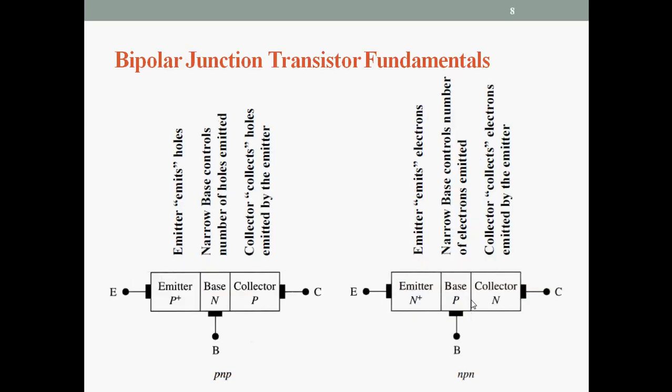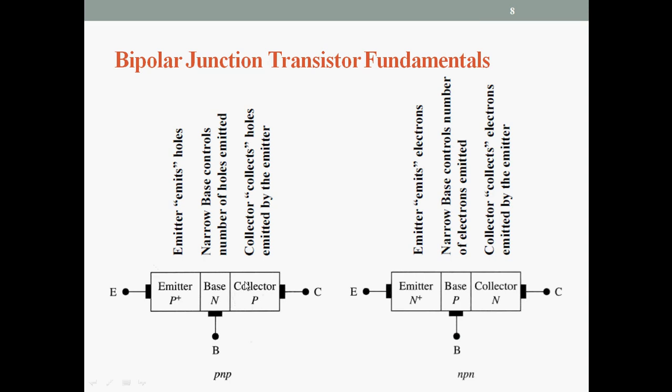Bipolar junction transistor fundamentals. We can see here emitter P plus, base N and collector P, with a metallic contact to the base N. For the emitter we indicate E here, and the collector. Most of the charge carriers will be emitted from the emitter, so it is called the emitter.